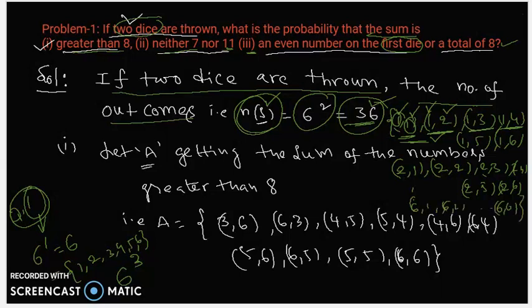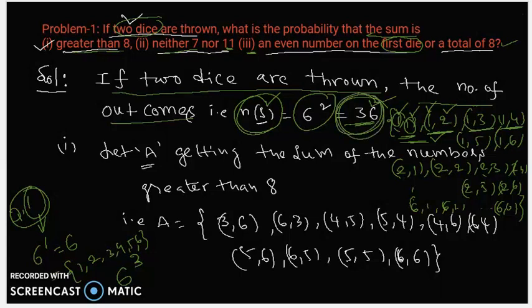So these all outcomes are 36. Okay, so these are the possible outcomes when 2 dice are thrown, 36 outcomes. So this is the exhaustive case of this experiment.